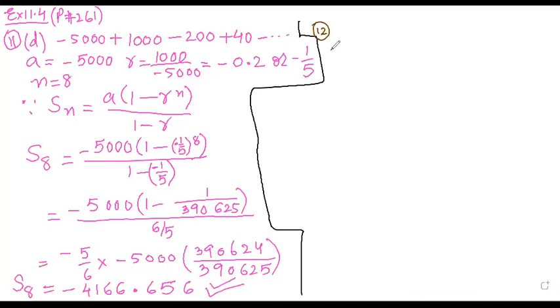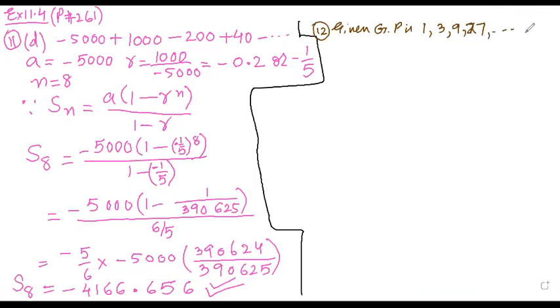We have to find the sum. The given GP is 1, 3, 9, 27, and so on.